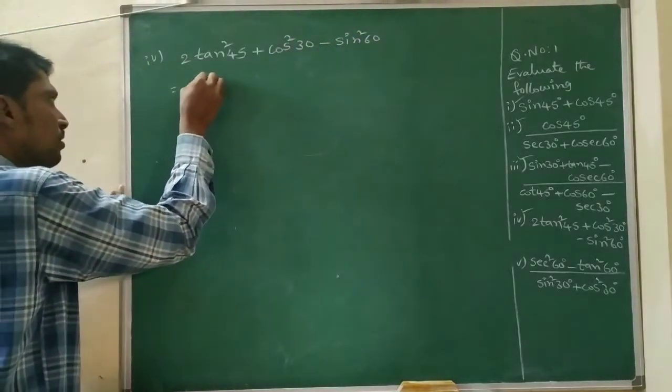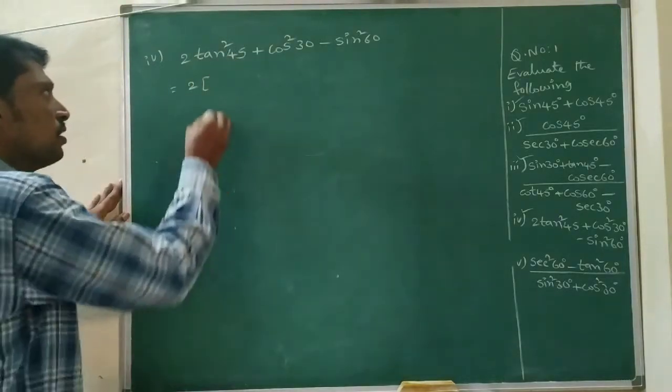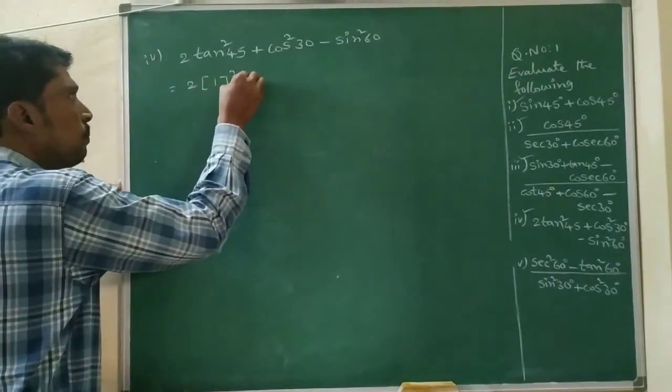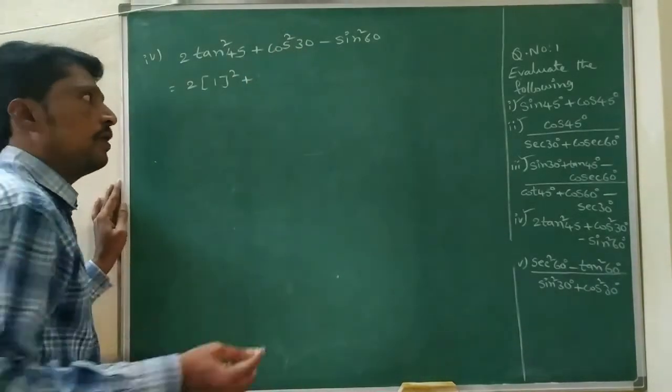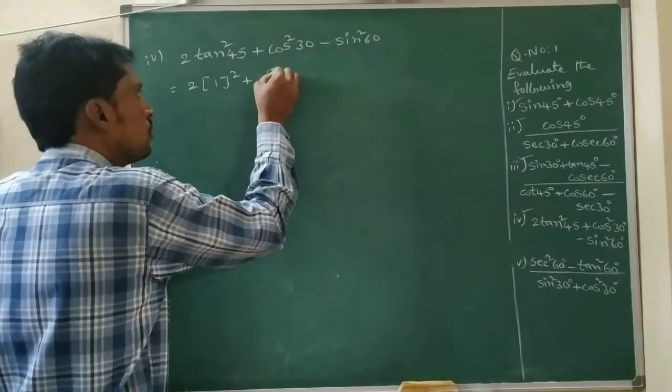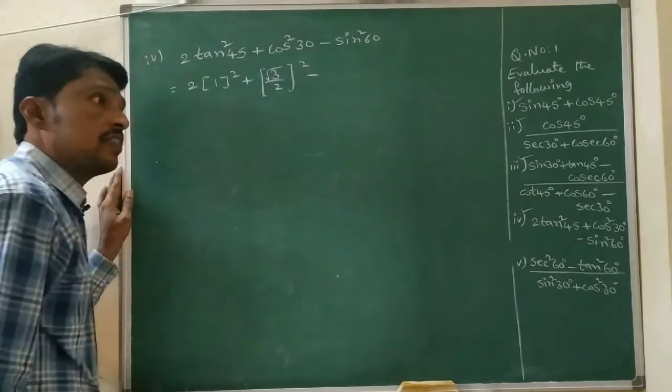So 2 as it is. Tan 45. Tan 45 value is 1 whole square plus cos 30. What is the value of cos 30? Root 3 by 2. So root 3 by 2 whole square minus sin 30.